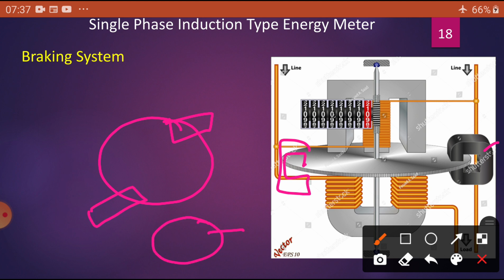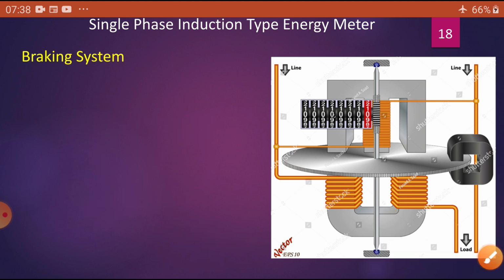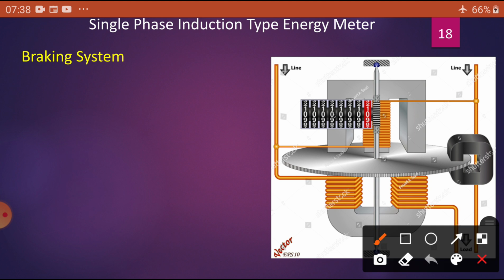The aluminum disc moves in the field of the magnets. What will happen? Here you can observe.